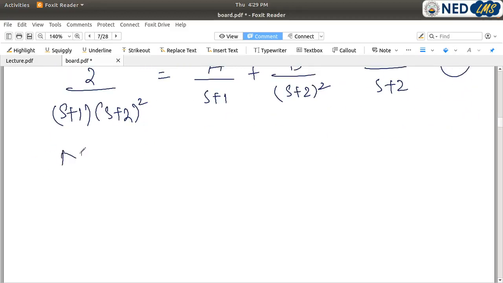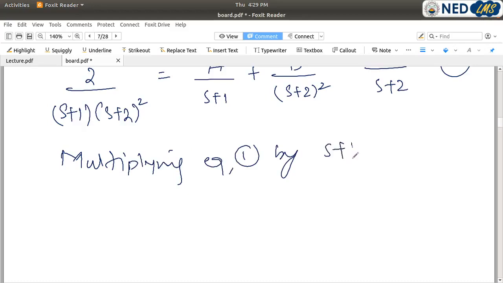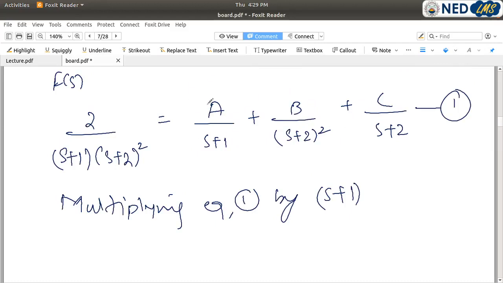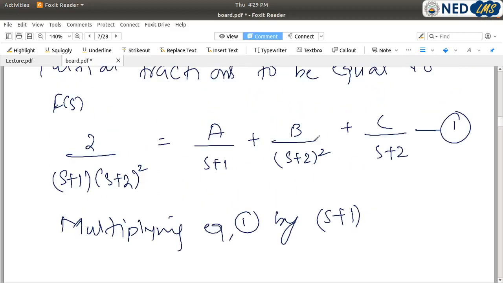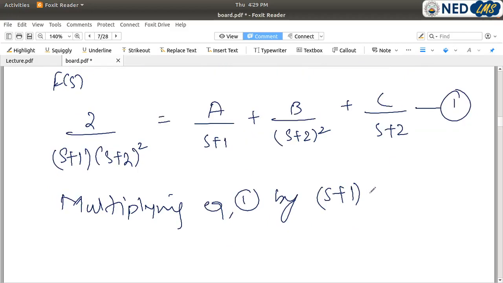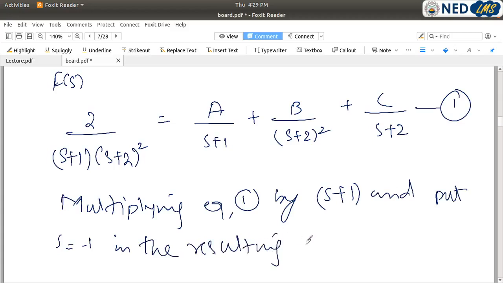Now multiplying equation 1 by s plus 1, just as we did in case 1 for evaluating the value of A. Multiply this equation by s plus 1, and then put s equal to minus 1 in the resulting equation.